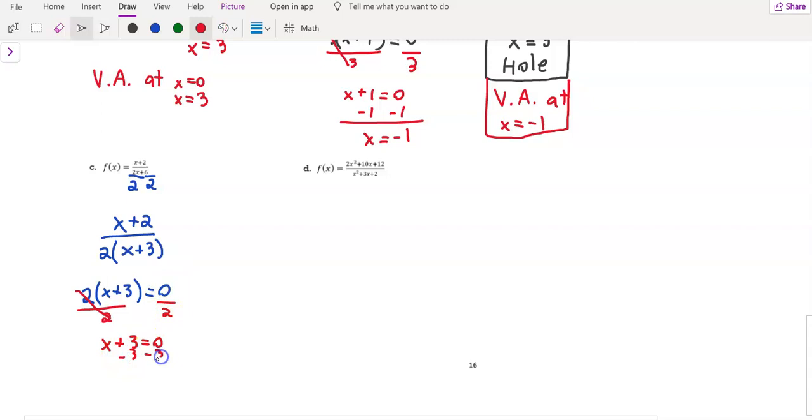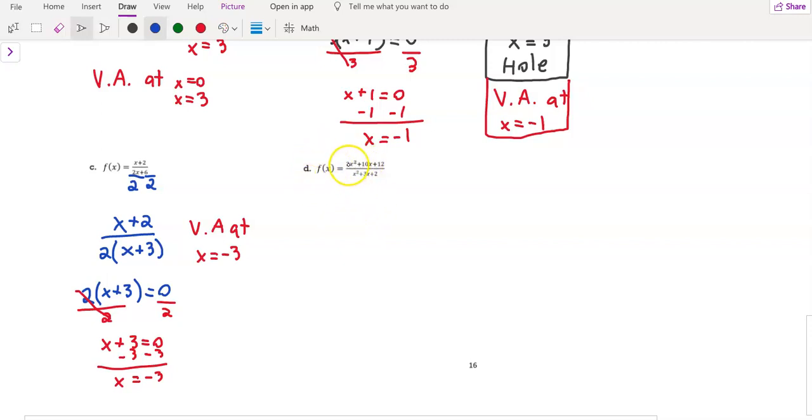Subtract 3 from both sides. I get x is equal to negative 3. So this one has a vertical asymptote at x is equal to negative 3. All right, and that's really it for example letter C. So now we'll take a look at our last example for today, and that is letter D.